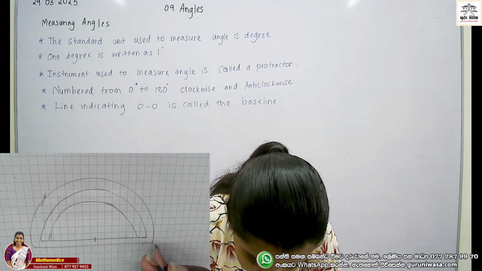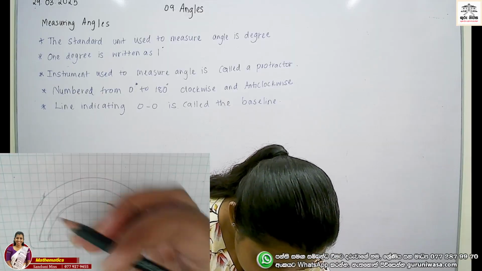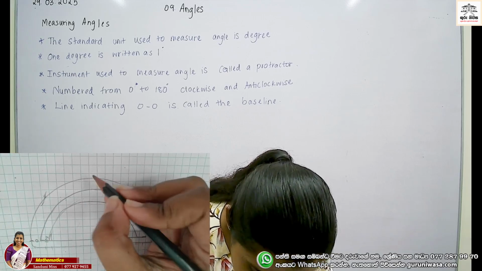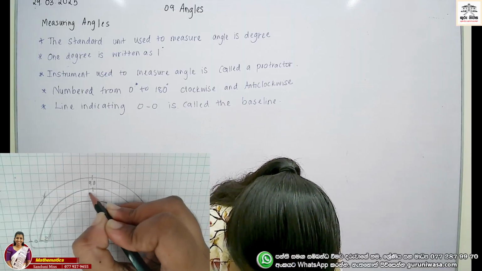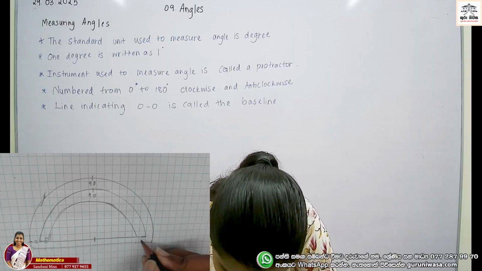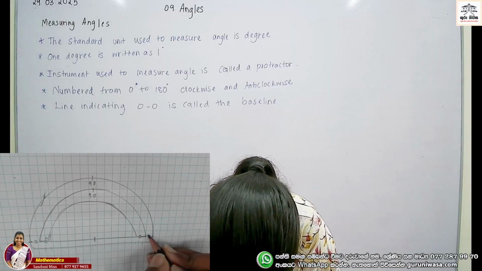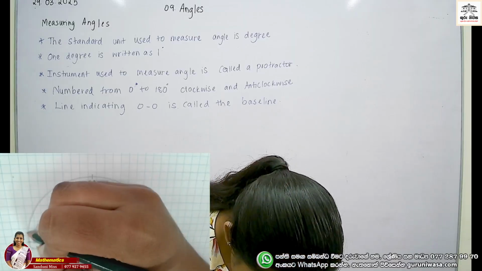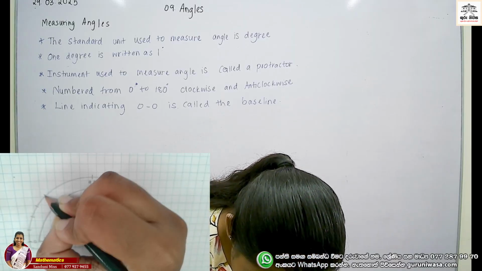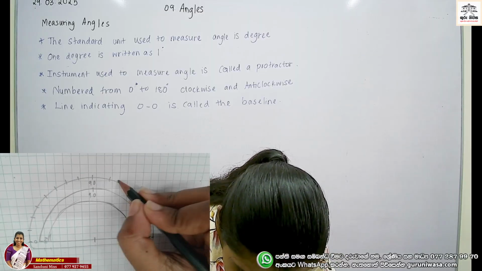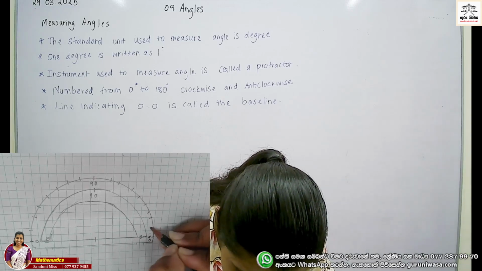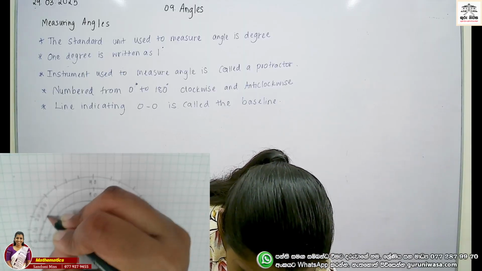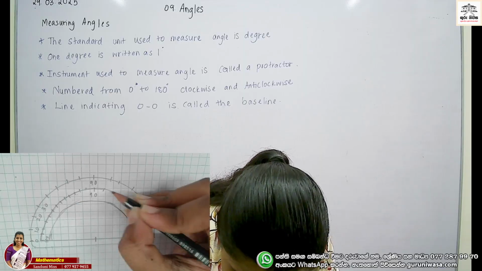So you can see two scales are there. 0, 180, and here you will be at 90. Here it is 0, and here 180. Right? So I'll mark 30, and here you will have the other scale.